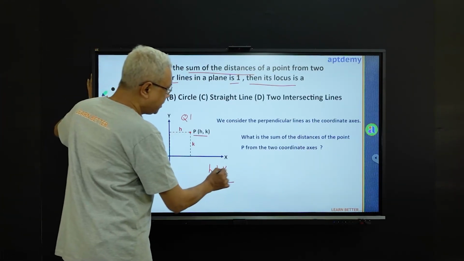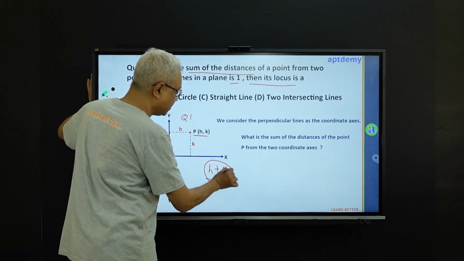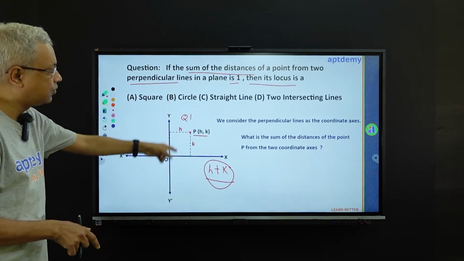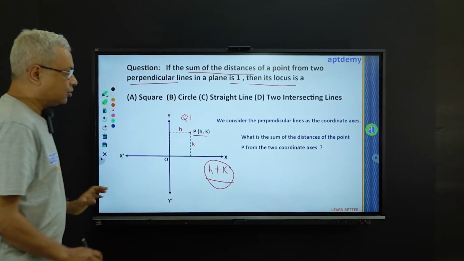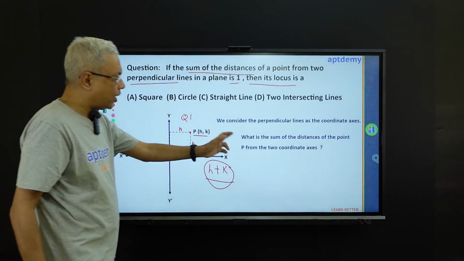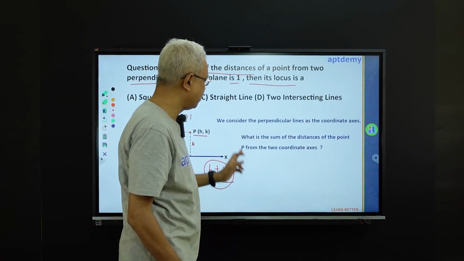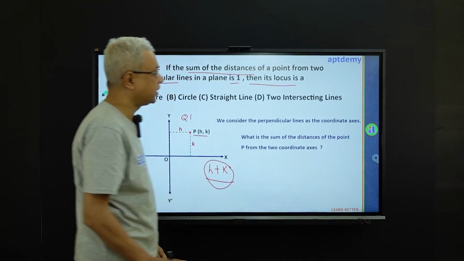So I can write the sum of the distances, in this case when the point is in quadrant 1, as h plus k. So what is the sum of the distances of the point P from the two coordinate axes?